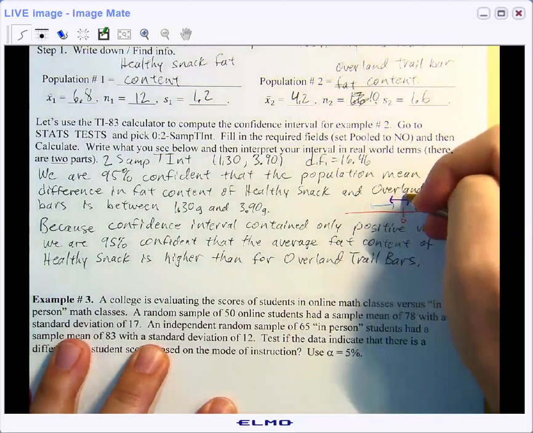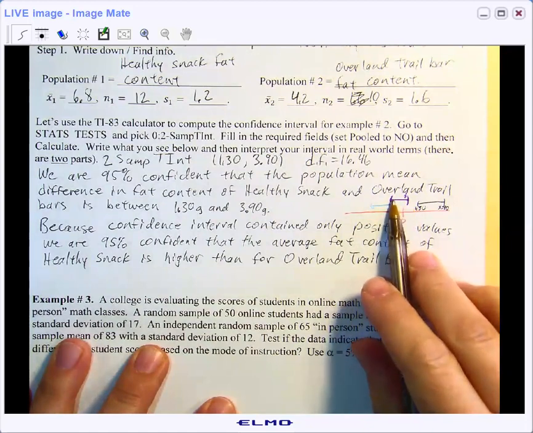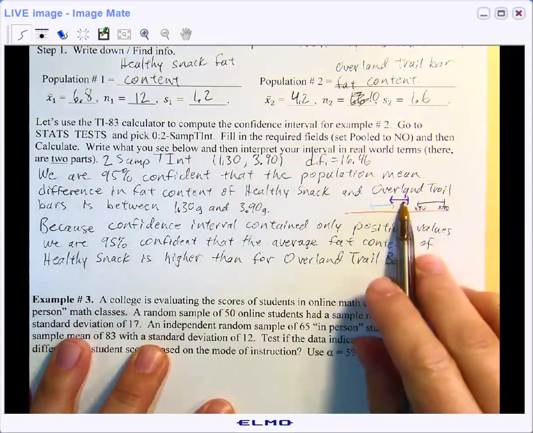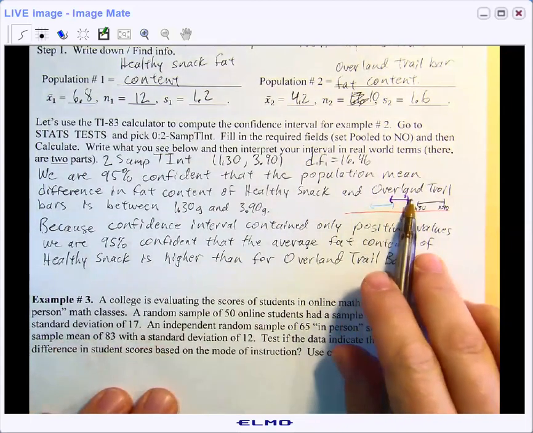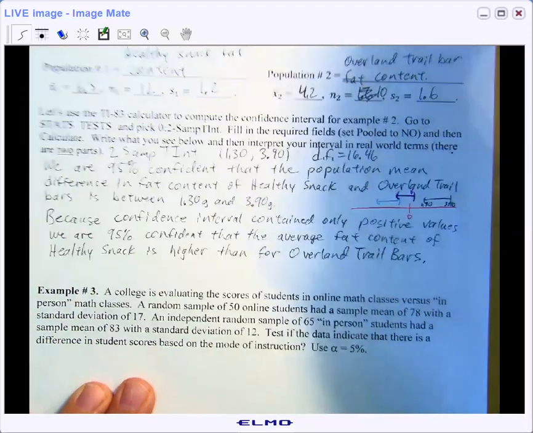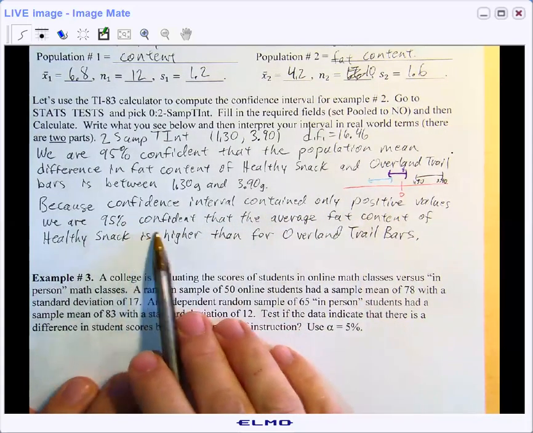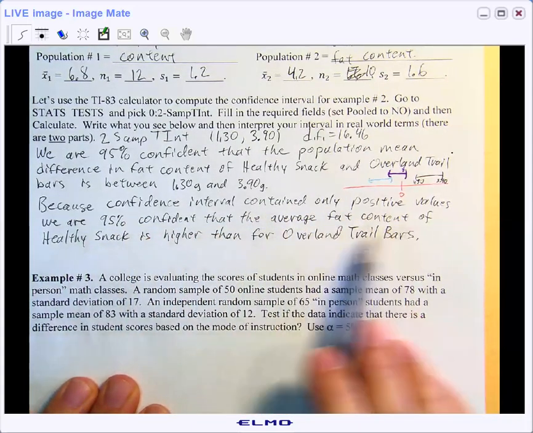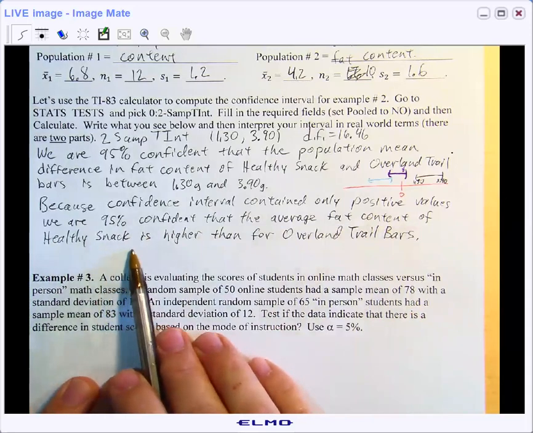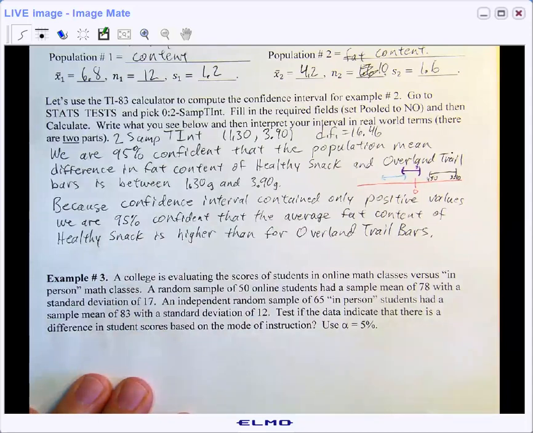If it's on this side of 0, that tells me that mu1 is bigger than mu2. If it's on this side of 0, it tells me that mu1 is less than mu2. So it's too close to call if the confidence interval is on both sides of 0. And if that were to have happened, we would have said, because the confidence interval contains both positive and negative values, we cannot conclude whether the average fat content of healthy snack is higher than overland trail bars. Okay. Does that make sense?